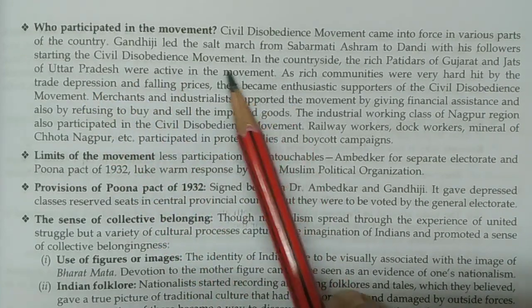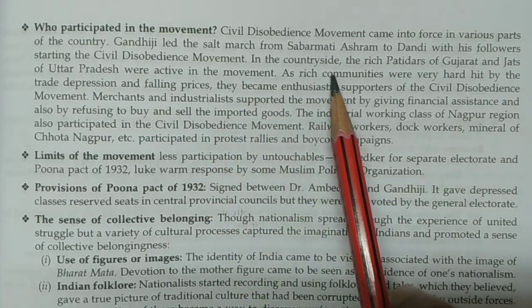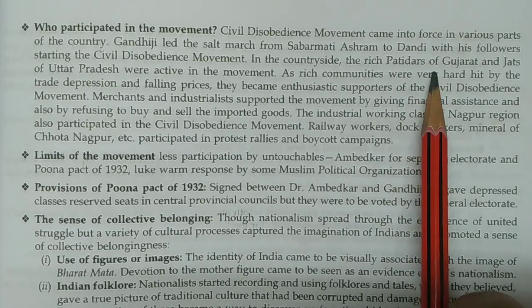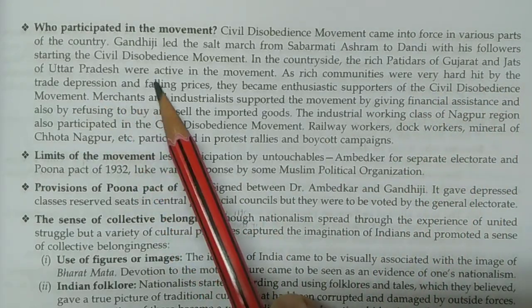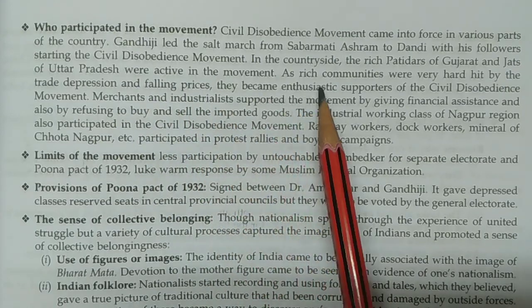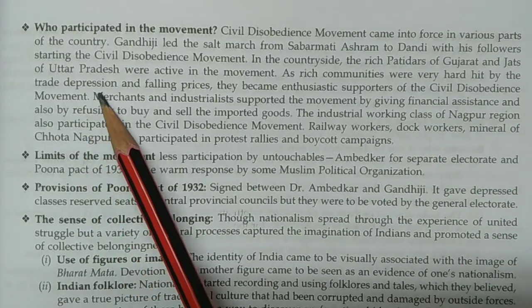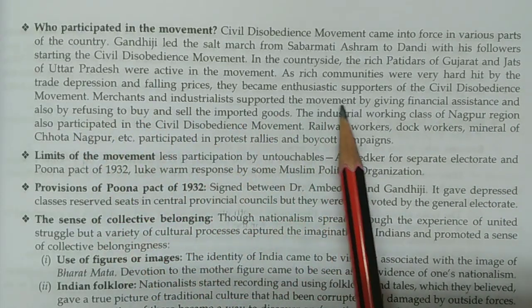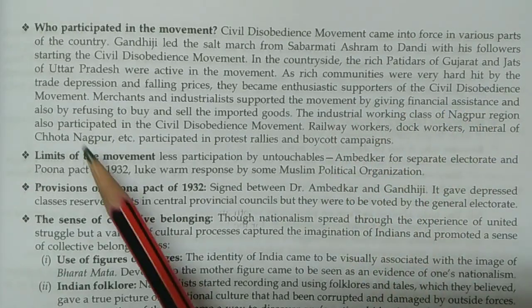In the countryside, the rich Patidars of Gujarat and Jats of Uttar Pradesh were active in the movement. These rich communities were very hard hit by the trade depression and falling prices. They became enthusiastic supporters of the civil disobedience movement.